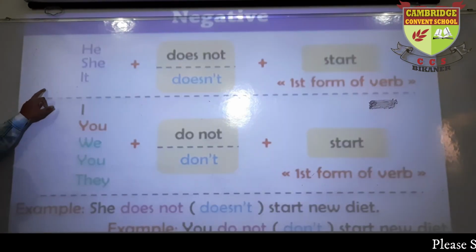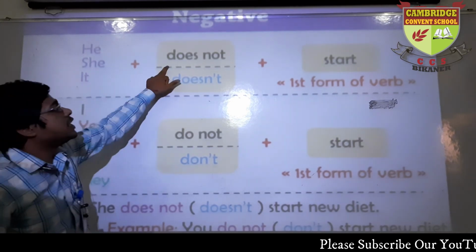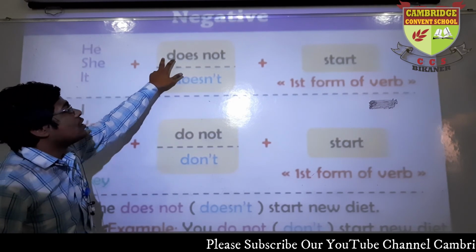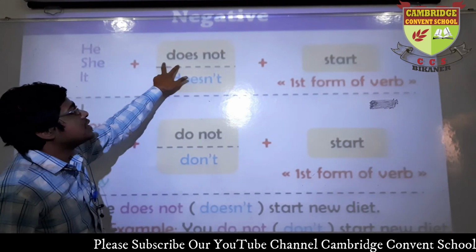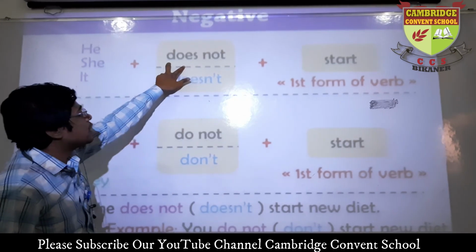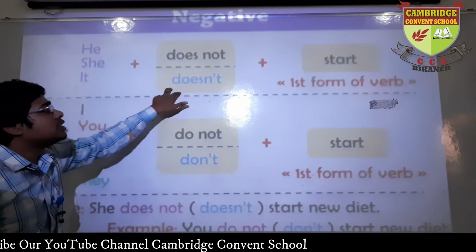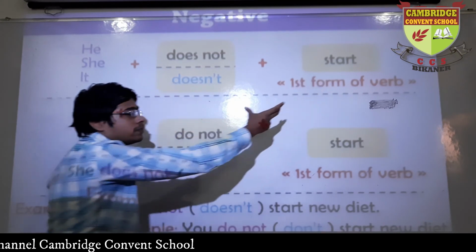In a negative sentence with a singular subject he, she, it, we use does not. This is the pure form, and the contracted form of does not is doesn't, plus the main verb in its actual form.